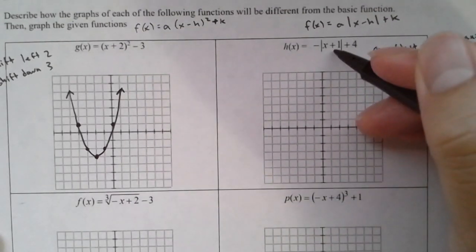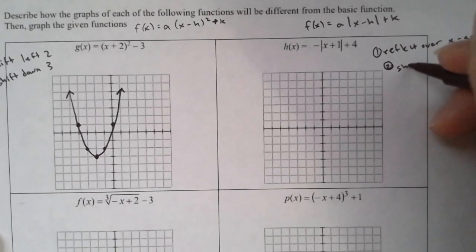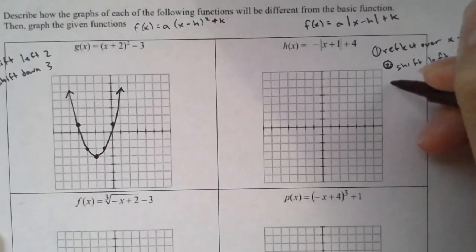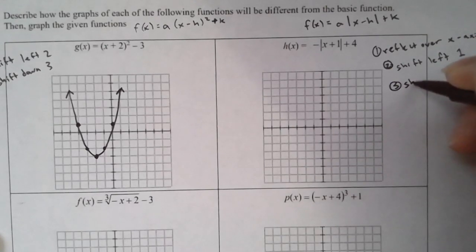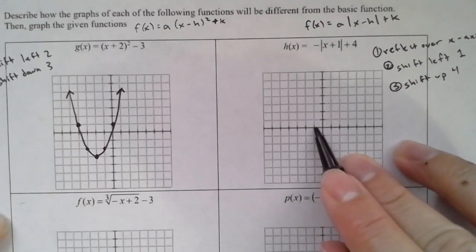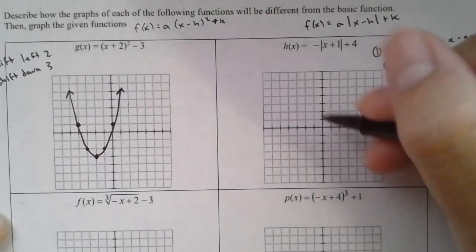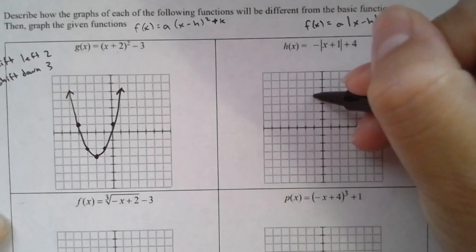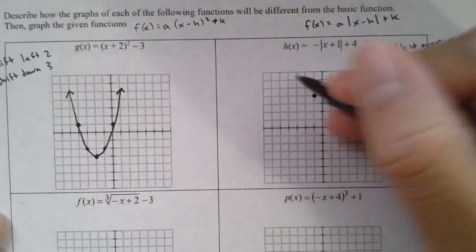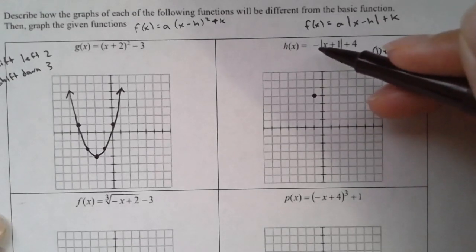I shift to the left one, and then I shift up 4. So I start from the origin, I shift left 1, and I go up 4. So I'm right here. But instead of going upwards, I reflect over the x-axis, right?